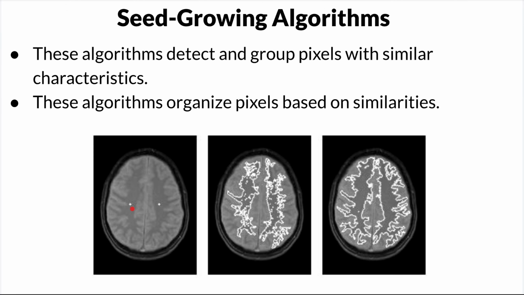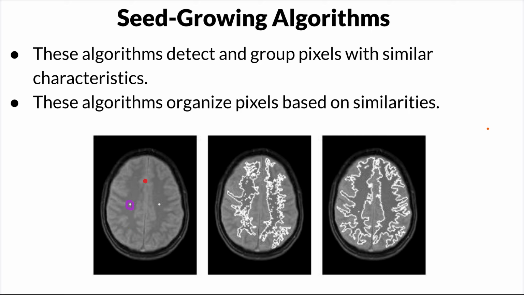All right, then we also have the seed growing algorithm. This is like it grows, that's why the word says seed growing. Let me use a different color instead. When you see where there is the white star, when you click, it tries to segment, so it grows. That's what I mean by seed growing.